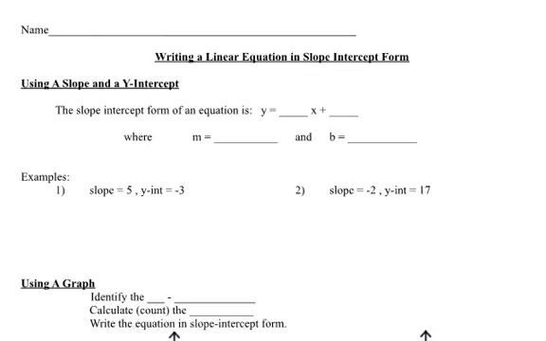For this lesson, we're going to talk about linear equations. Now, there are several different ways that you can write out linear equations, but we're going to focus on the slope-intercept form.